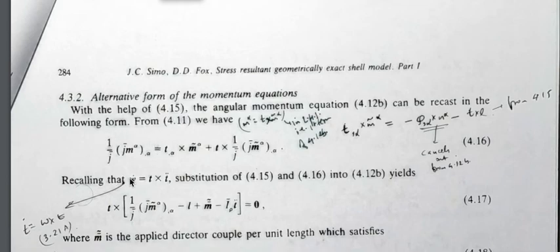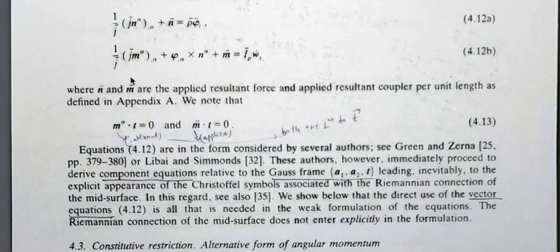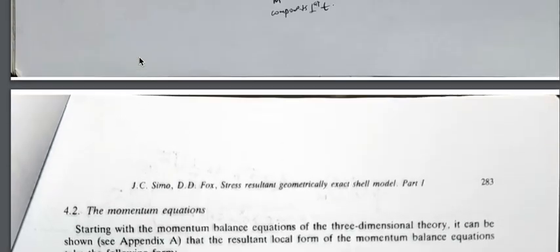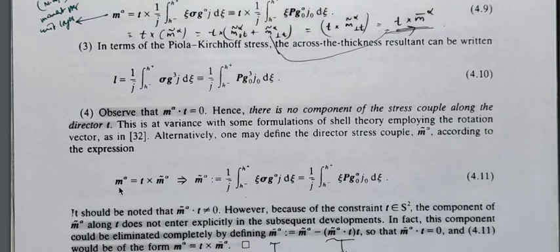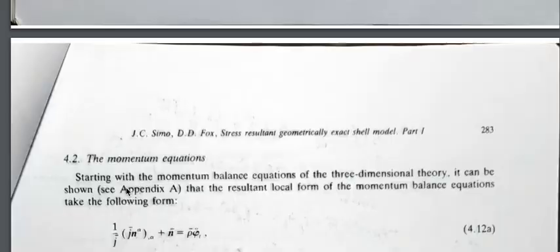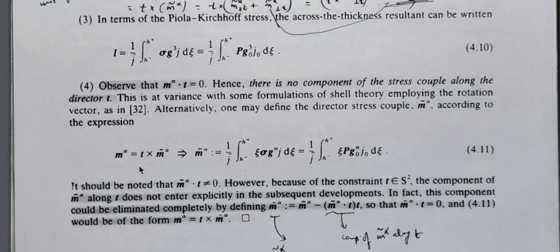First we take the first term on the left hand side of equation 4.12b, which is this term. Here we have m^alpha coming and we want to write it in terms of m tilde^alpha, so we consider just this term, and the expression of m^alpha is given over here, which we got already. m^alpha is t cross m tilde^alpha, so we have to write one more derivative, m^alpha_,alpha.